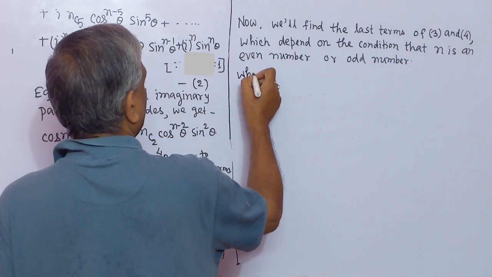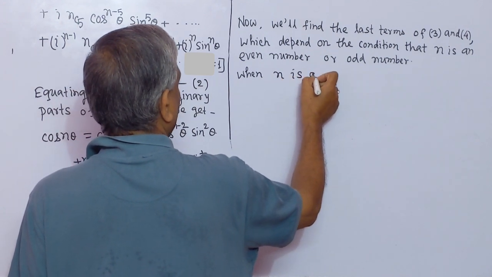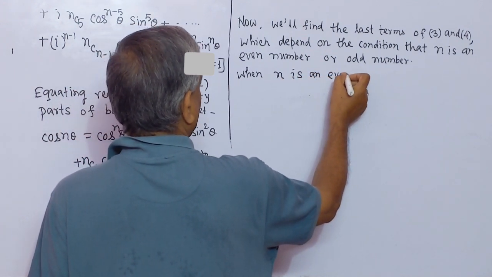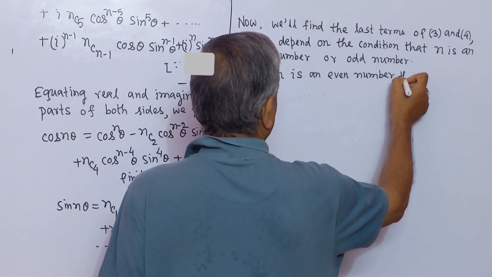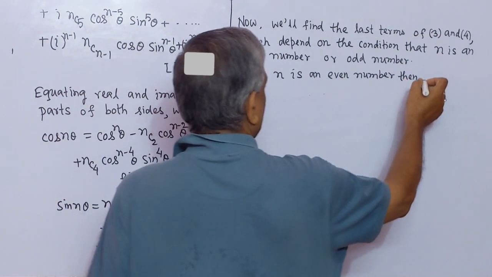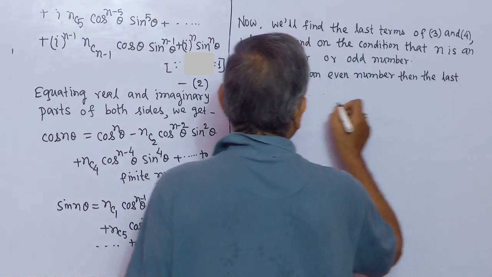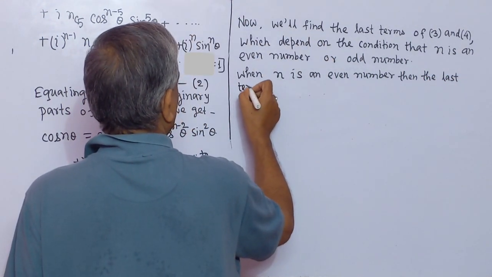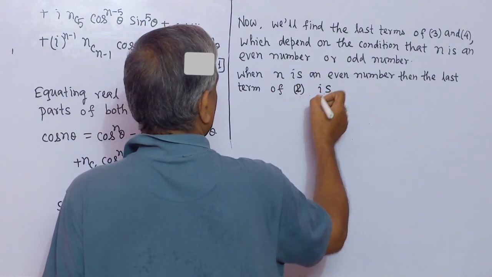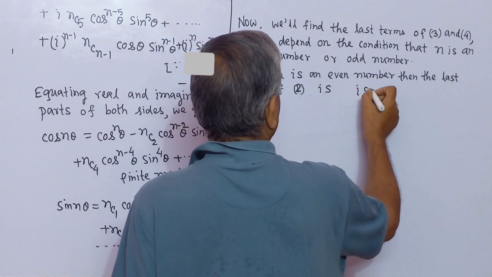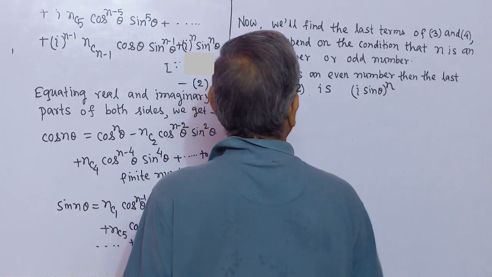When n is an even number, then the last term of is (i sin theta) whole to the power n.